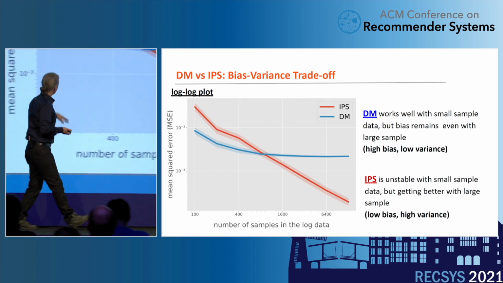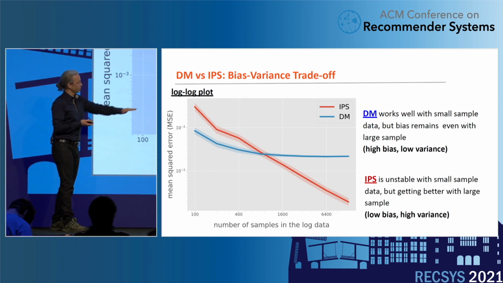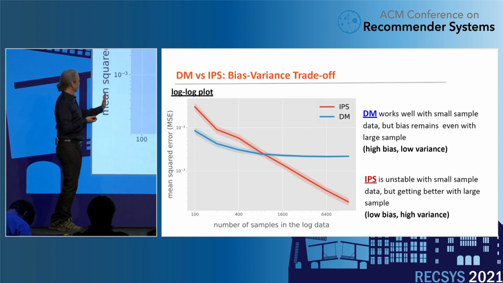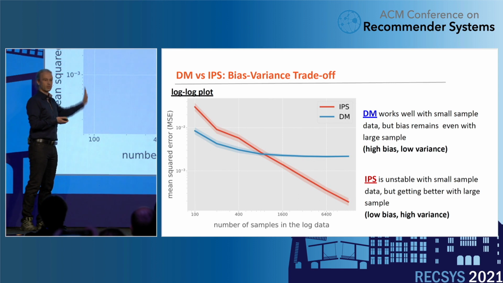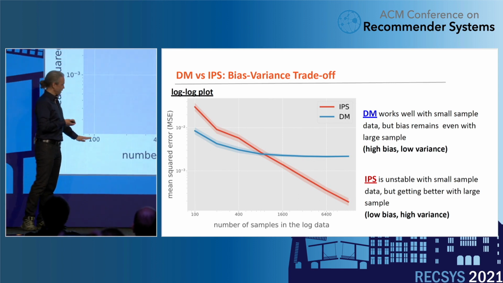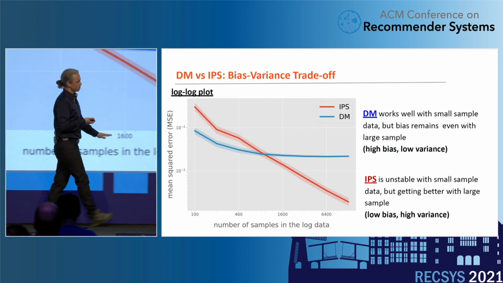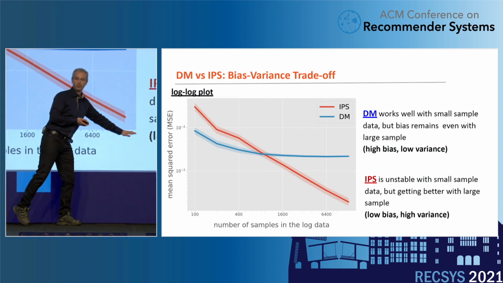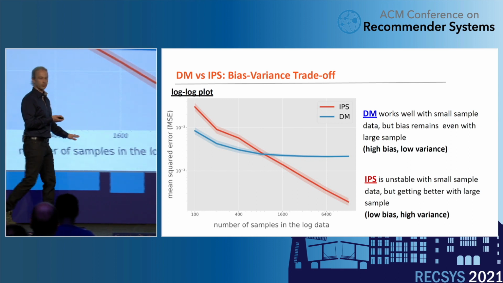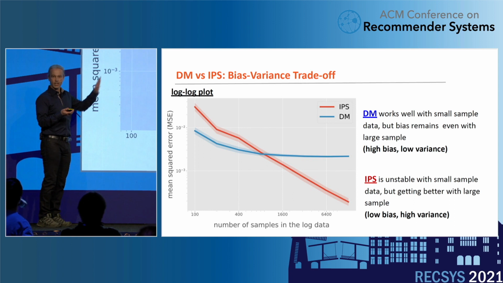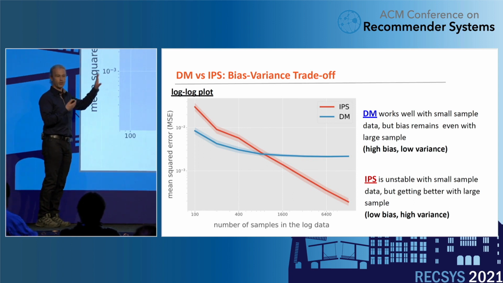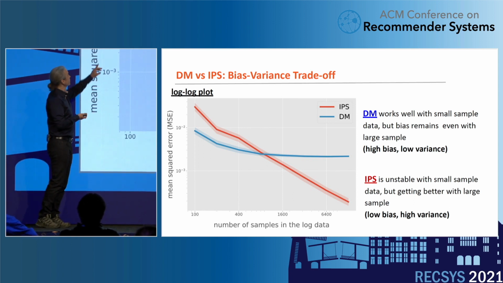And here's a synthetic data set, where we show the mean squared error of the estimator, how accurate it is, on the log scale here. So lower is better. And here's the size of D null, the amount of log data that we have. This shows typical behavior that you also see for other problems.